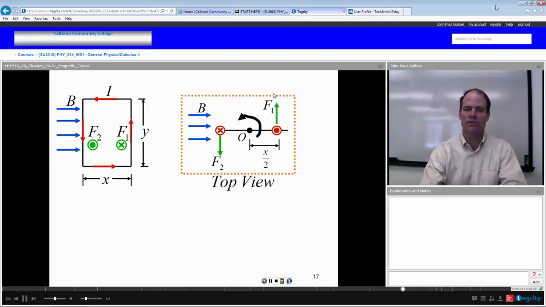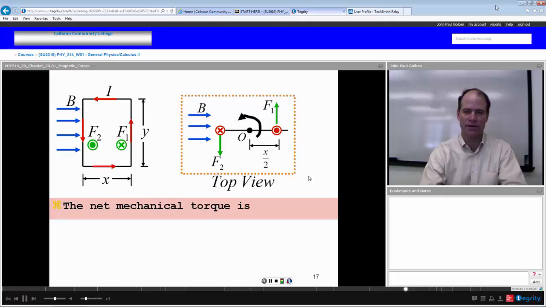Here's a top view. We have one force going into the page with a moment arm of x divided by 2, the other force going out of the page with a moment arm of x divided by 2. So we have those two torques, add them together, will give us our net torque.